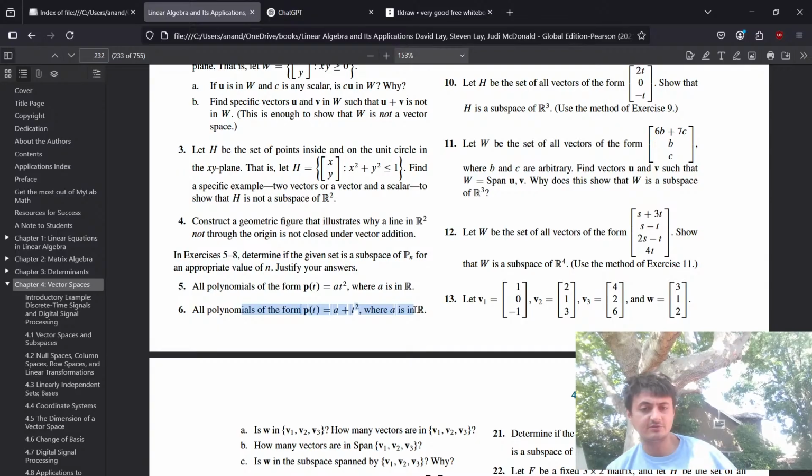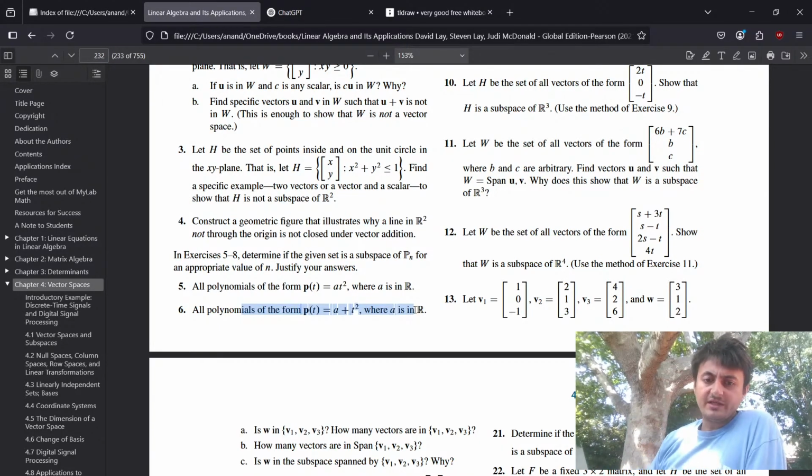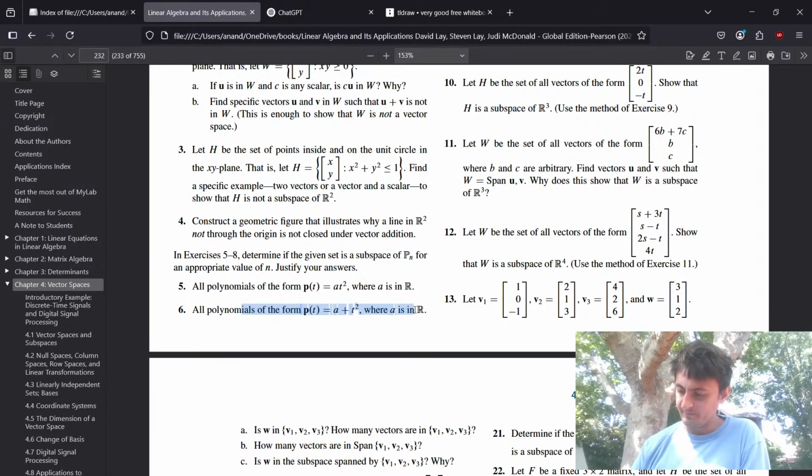Because if you take a equal to 0, basically what you want to show is, what does 0 mean? 0 means it's an additive identity. But if we take a equal to 0, then P of t is equal to t squared. But then you take t squared plus (a plus t) squared, and you get a plus 2t squared, which is not in P of t, so therefore not a subspace.